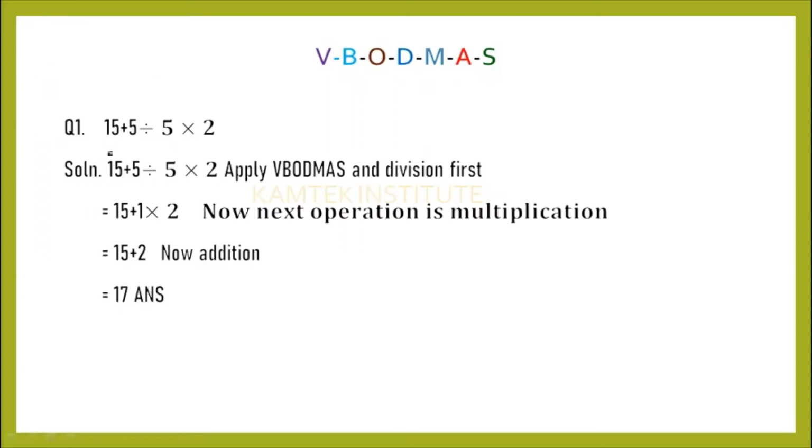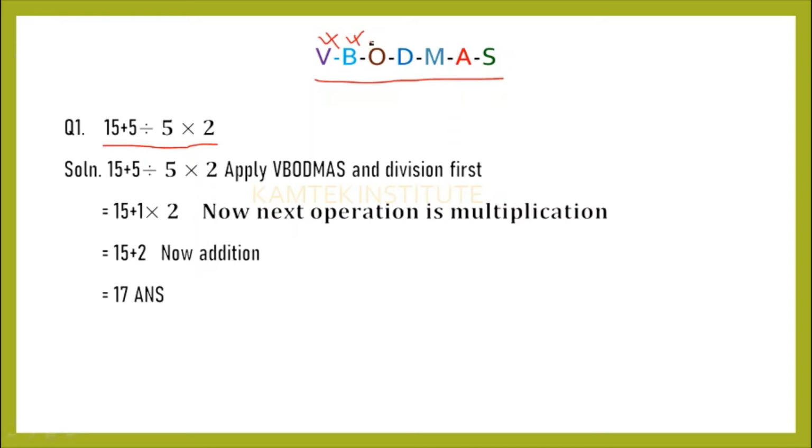Right? So we come to question number 1. It is 15 plus 5 divided by 5 multiplied by 2. So how do we do it? We look at this set of rules that are given to us. VBODMAS. V stands for bar, as you know. Do we have a bar in this question? We don't have it, so we skip this operation. Then the next is bracket. Do we have a bracket? No, we don't have a bracket here.